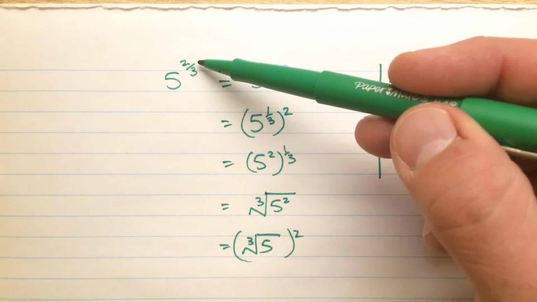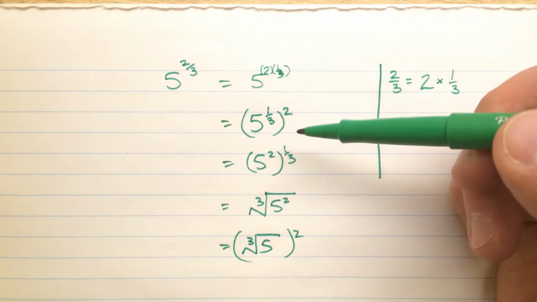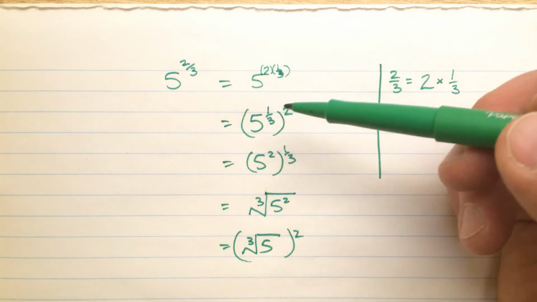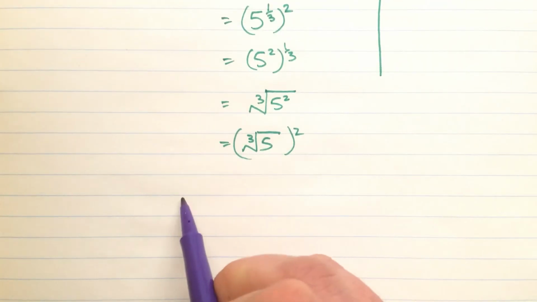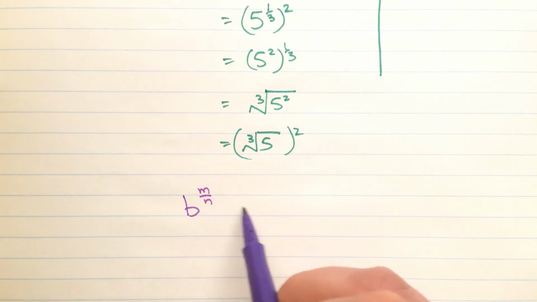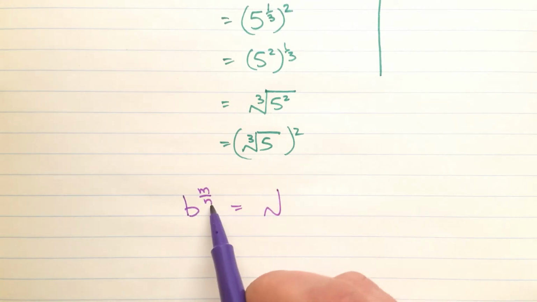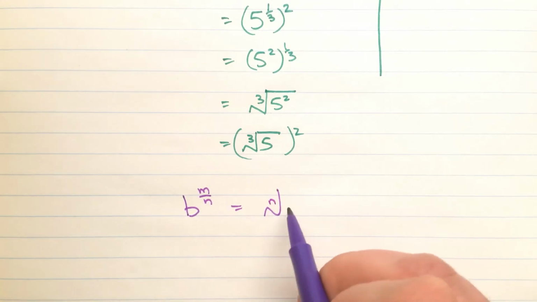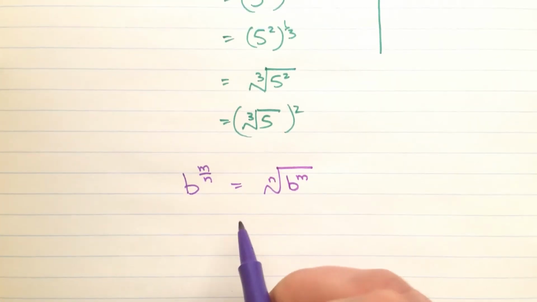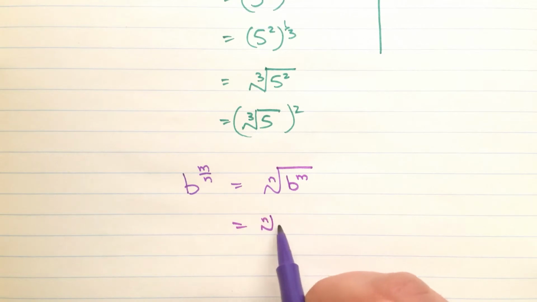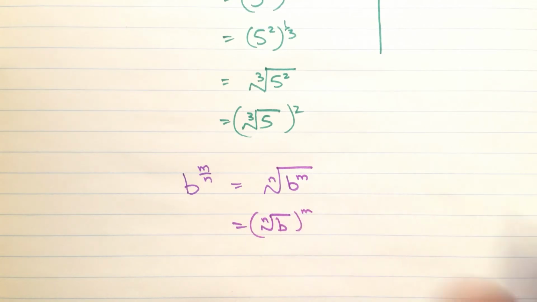A fractional exponent that doesn't have a 1 on top isn't a whole lot harder; you can just break it apart into 2 pieces. So in general, b to the m over n: the bottom number becomes the root part, the top number is the regular exponent, or you can write this as the nth root of b all to the m.